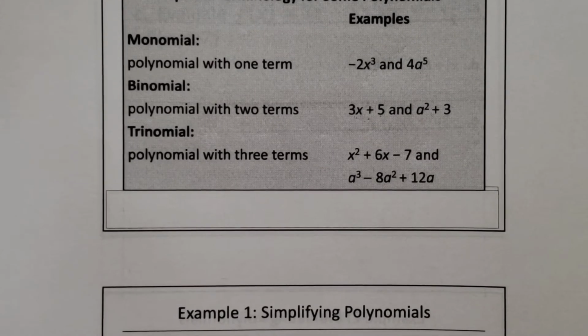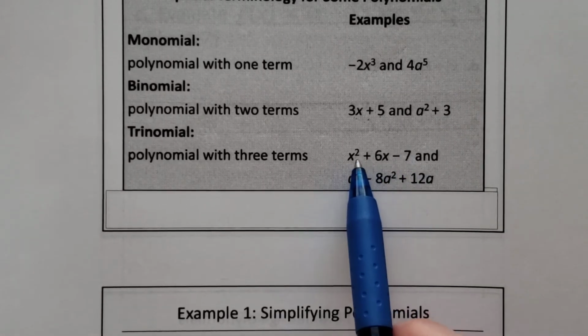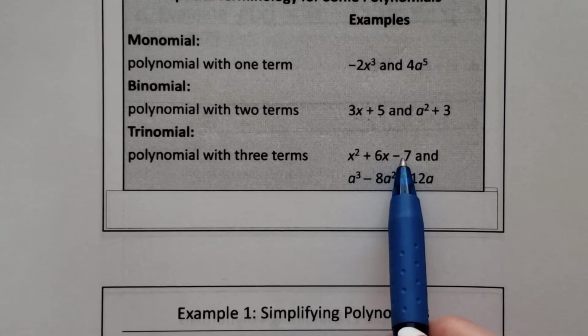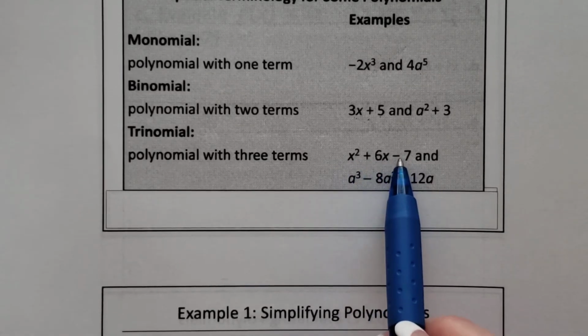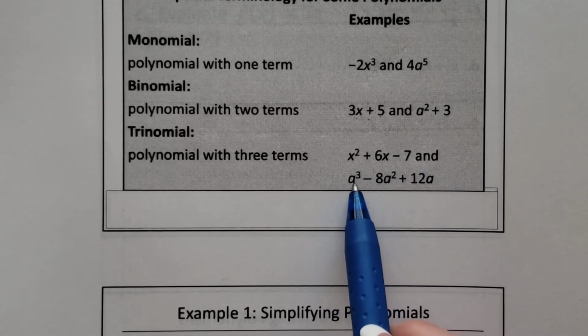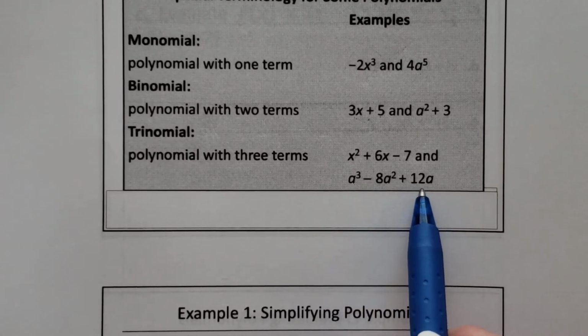And of course, trinomial, like a tricycle has 3 wheels. A trinomial is a polynomial with 3 terms. So we have 1, 2, 3 terms. So x squared, 6x, and -7 are our 3 terms. So that's a trinomial. A raised to the third power, -8a squared is the second term, and positive 12a is the third term.